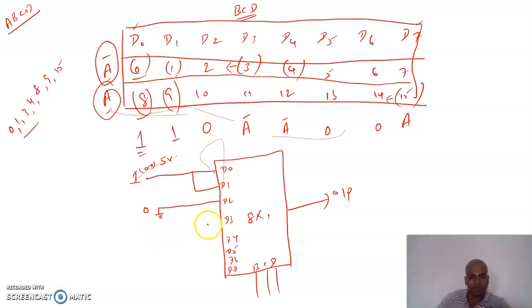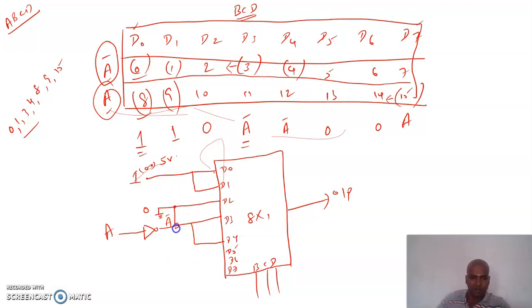D3 is A bar. So let us take one input as A and give it a NOT gate. So this is A and this is A bar. So D3 is A bar, so A bar is connected, and D4 is also A bar, so D4 is connected. And what is D5? D5 is 0, so 0 is here.